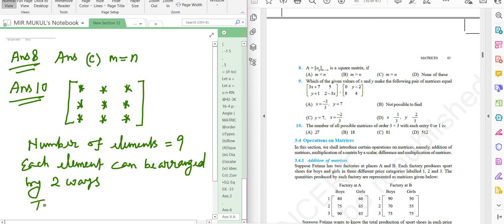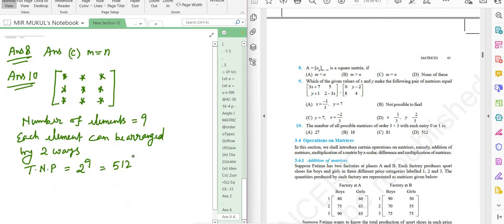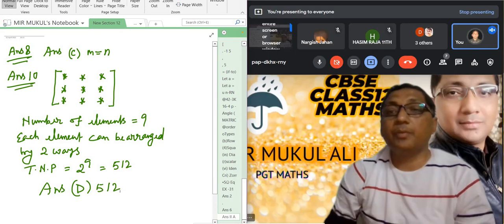So the total number of permutations will be 2 to the power 9, which is 512. It means a total of 512 types of matrices can be made with 0 and 1. So the answer is D, 512. Right?